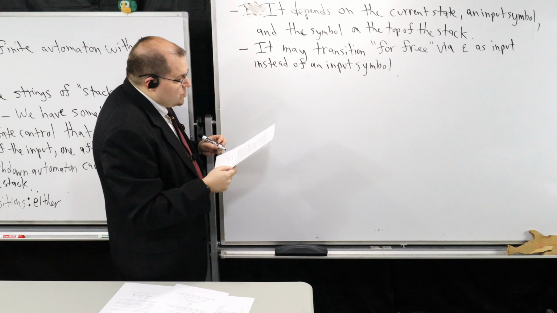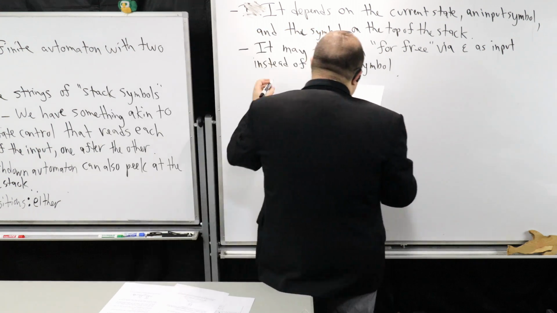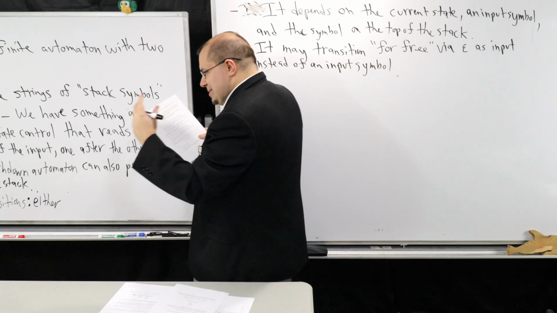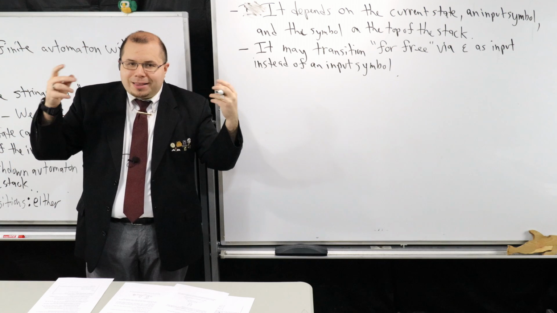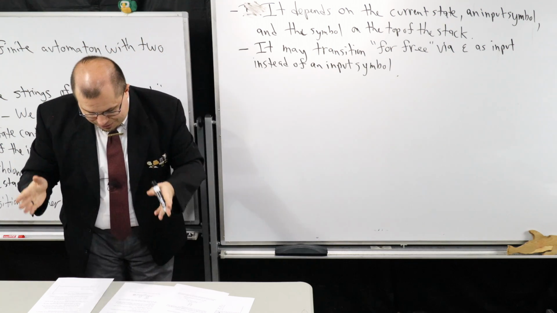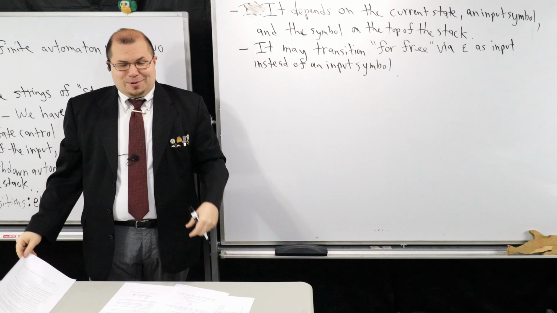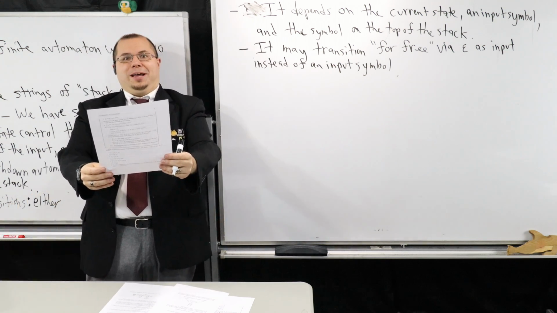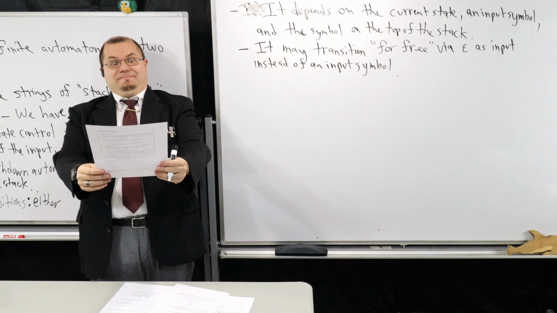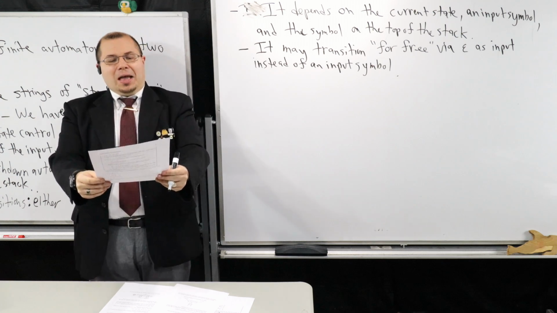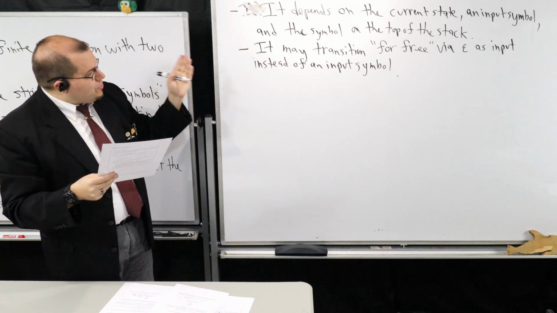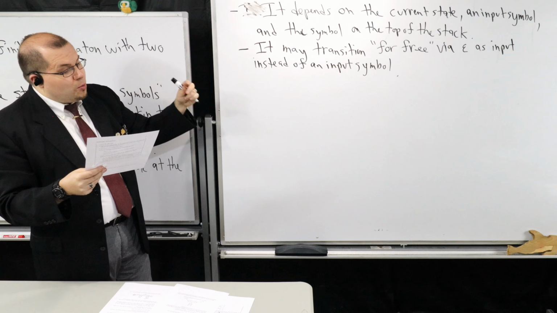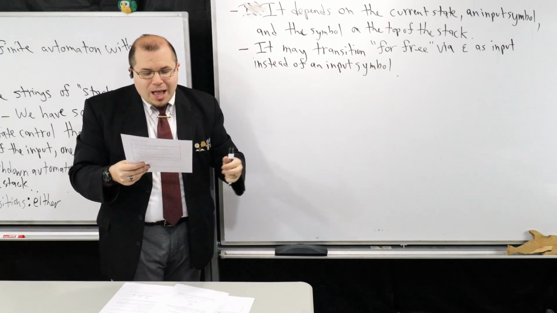So when a transition happens, what's going to happen? Let me just describe this more high level, and then when we get to writing more formally, I'll write down this process for you. So what it's going to do is, on a transition, it's going to consume or process a symbol.